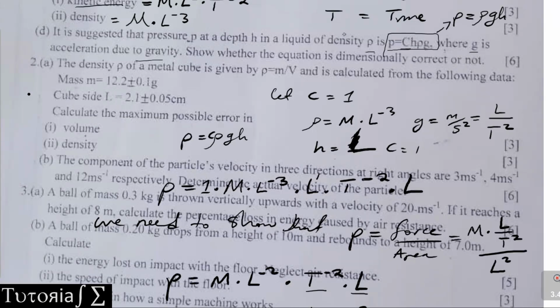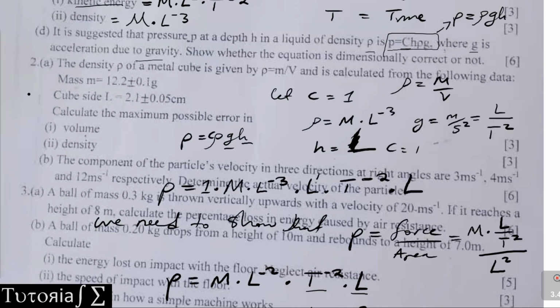We know that rho is mass over volume. So mass is M, and volume will be L to the negative 3. Then g is given in meters per second squared, so meters is L over T squared.